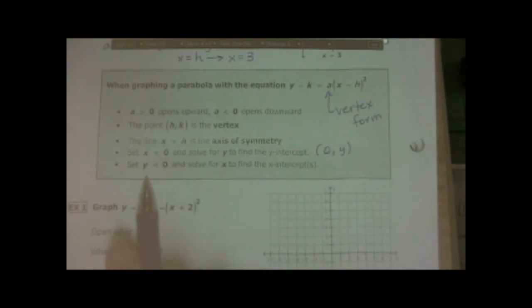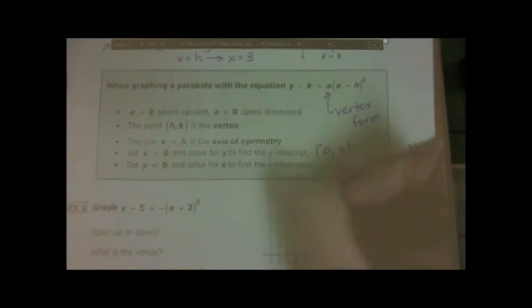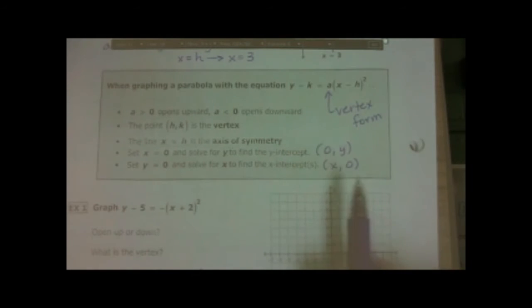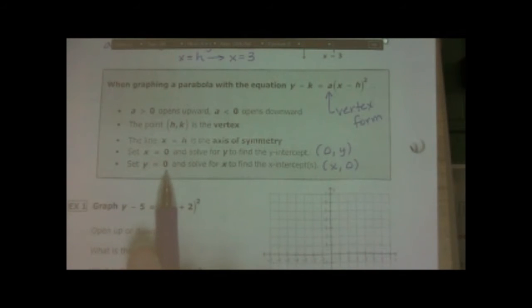Now, to find the x-intercepts, remember, x-intercepts have a 0 in the y position. So all you're going to do is set y equal to 0, and you're going to solve for x.